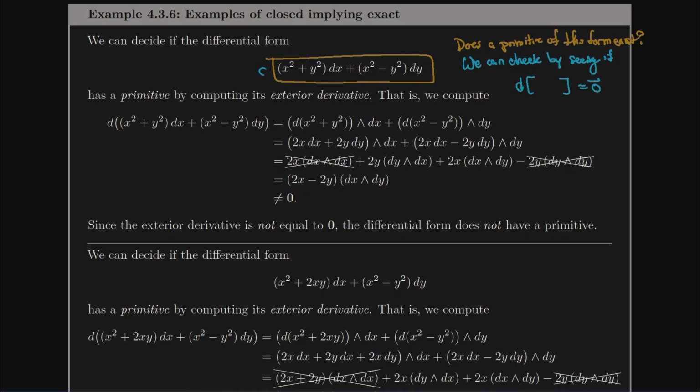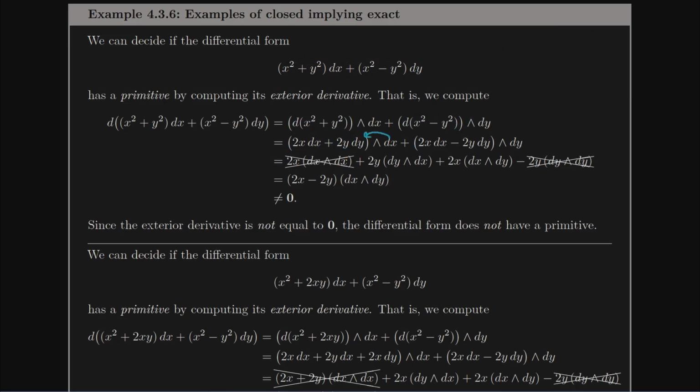So let's go ahead and compute an exterior derivative here. I can just distribute it onto the coefficients at the cost of a wedge, right? So it's distributed on my first coefficient, wedge dx, distributed on my second coefficient, wedge dy. The derivative of x squared is 2x dx, and the derivative of y squared will be 2y dy. The derivative of x squared will be 2x dx, and of negative y squared will be negative 2y dy.